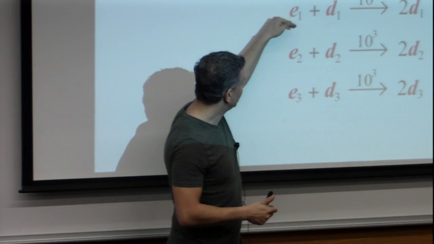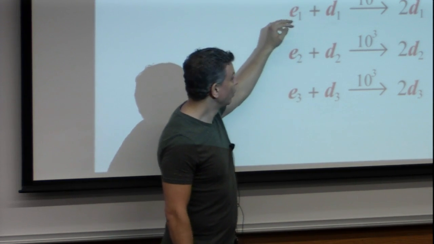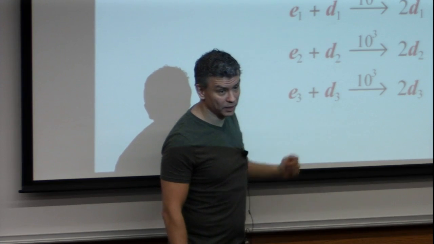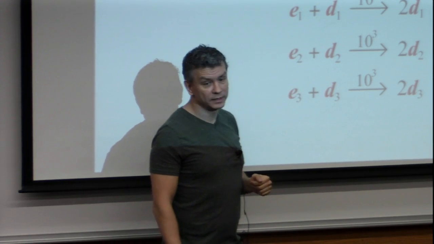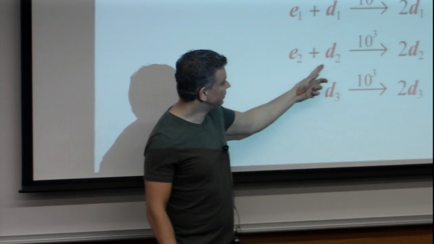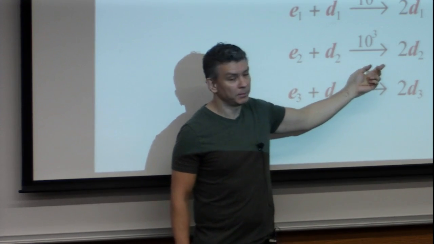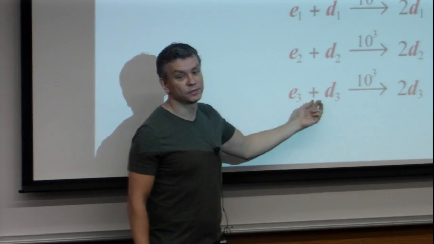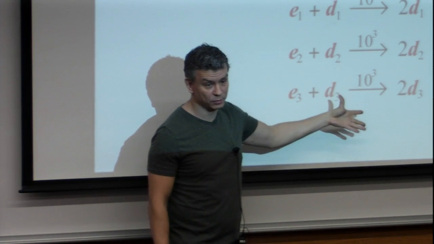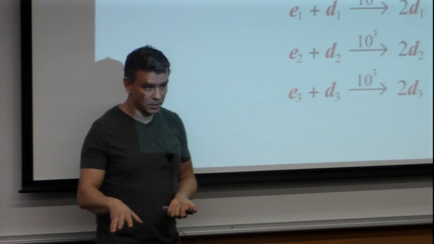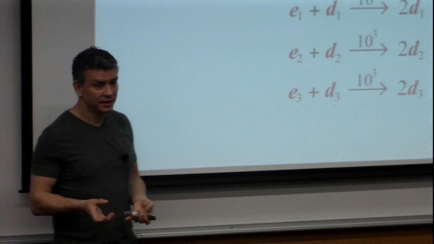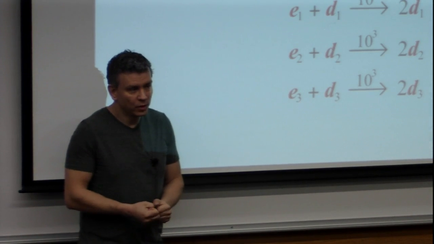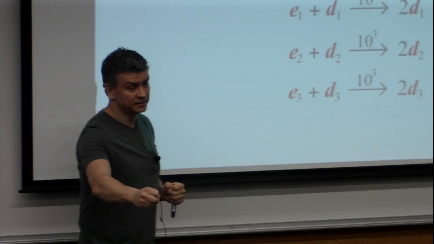We'll consume the E1 in the process, but we'll make lots of copies of D1. That's if D1 is the first soldier to step forward. If D2 is the first soldier to step forward, then we get many copies of D2. If D3 is the first to step forward, we get many copies of D3. That's the catalytic part. And notice the reaction rate is much higher. So whoever steps forward first, that reaction is going to take off.